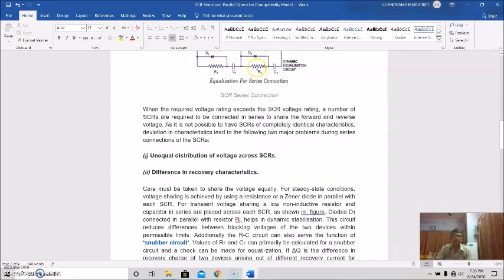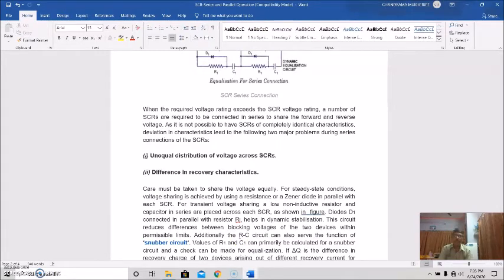Diodes: this diode D1 is connected in parallel with the resistor R1, which helps in dynamic equalization, and the circuit reduces the differences between blocking voltages of the two devices within permissible limits.